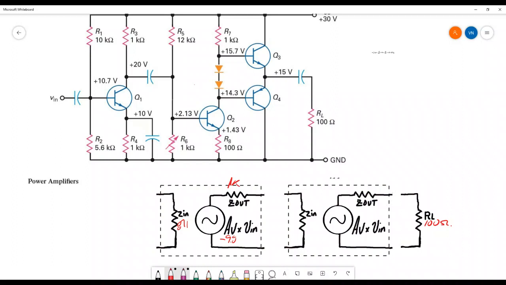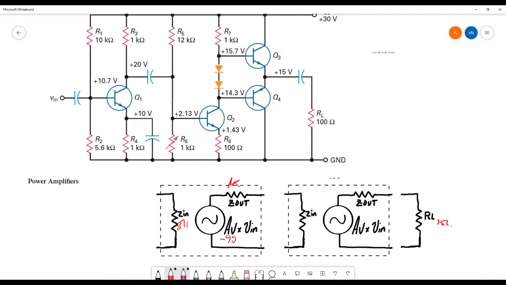Now, in the examples we've done in the past, I've usually said turn this section into a 2-port model, like so. And then take this section here and usually you say, okay, turn this one also into a 2-port model. But I'm going to show you something that happens when you do that with these direct connected amplifiers. So for the first stage, the Zout is 1K.